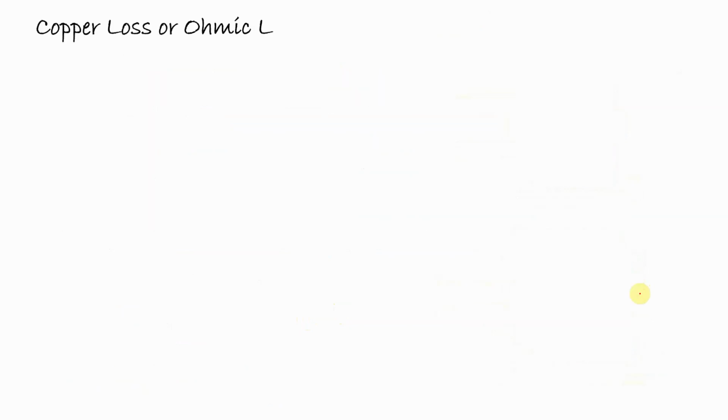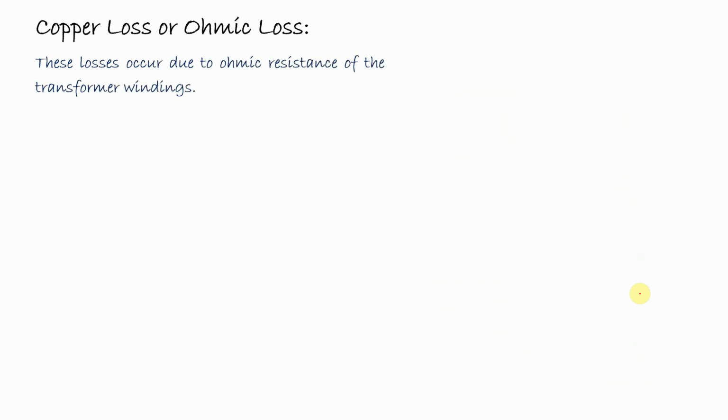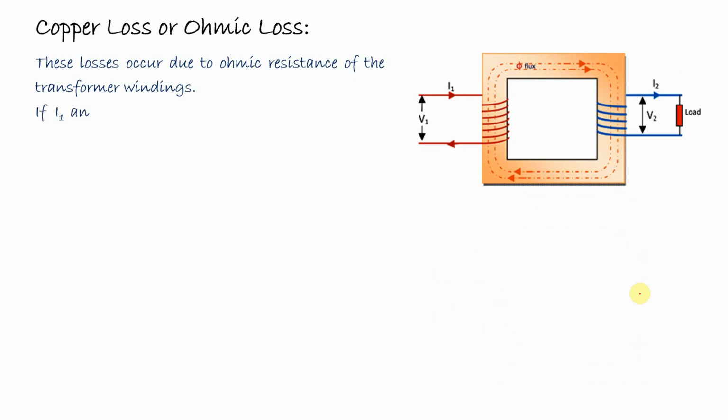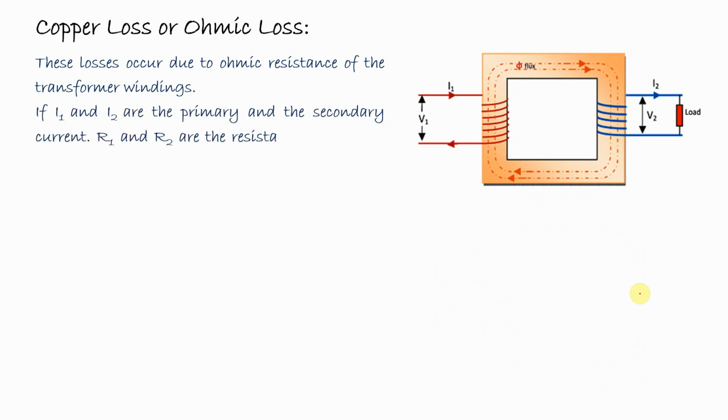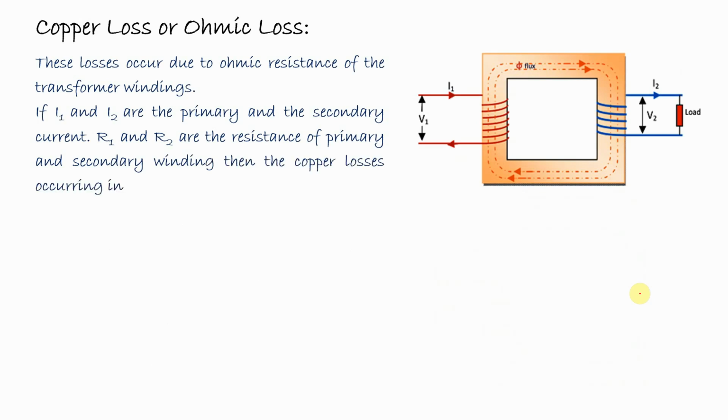Next, the copper loss or the ohmic loss. This loss occurs due to the ohmic resistance of the transformer windings. Let's say I1 and I2 are the primary and the secondary current when the load is connected across the secondary side, and R1 and R2 are the resistance of the primary as well as the secondary winding.